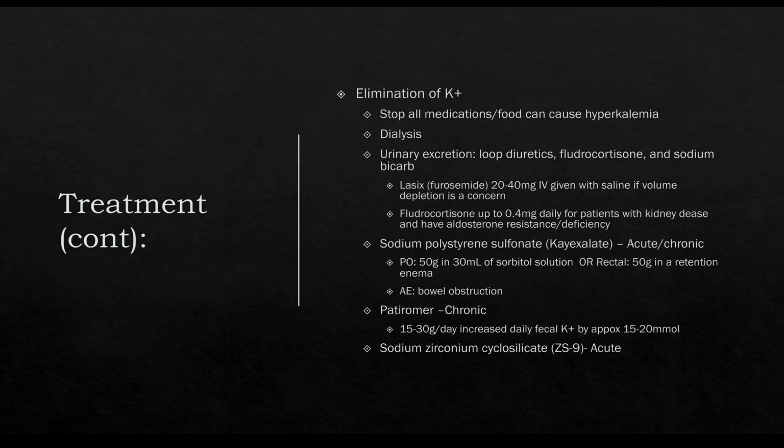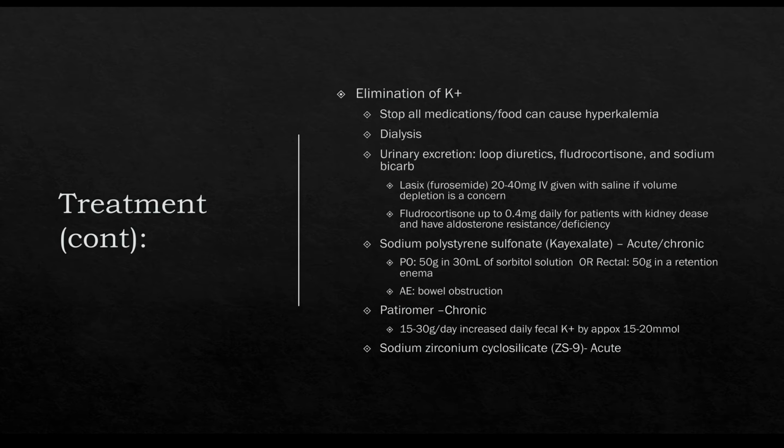20 to 40 milligrams of IV is usually given, but patients can also receive 80 milligrams in severe cases. Fludrocortisone can be given up to 0.4 milligram daily for patients with kidney disease who have aldosterone resistance or deficiency.